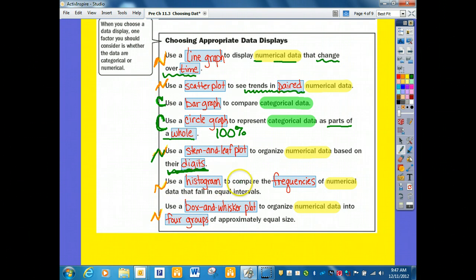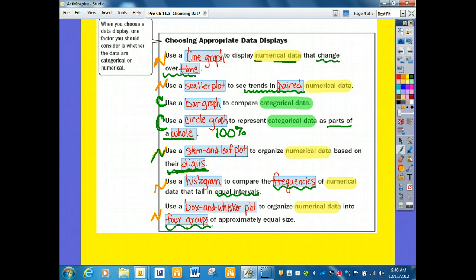Use a histogram to compare the frequencies of numerical data that fall in equal intervals. Here you have two hints: frequencies and equal intervals. Those are your hints to use a histogram. And the last one, use a box and whisker plot to organize numerical data into 4 groups.